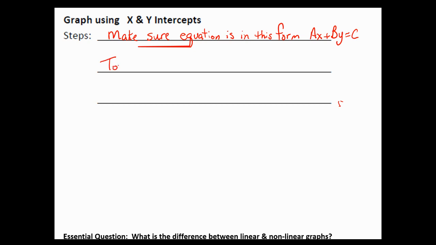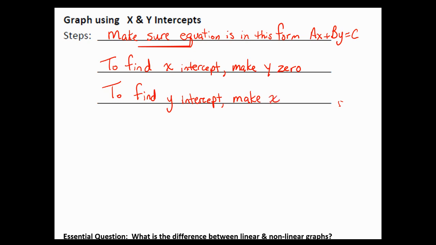Okay, so to find the x-intercept, make y 0. And then to find the y-intercept, make the other letter 0. So to find the y-intercept, you make the x 0.